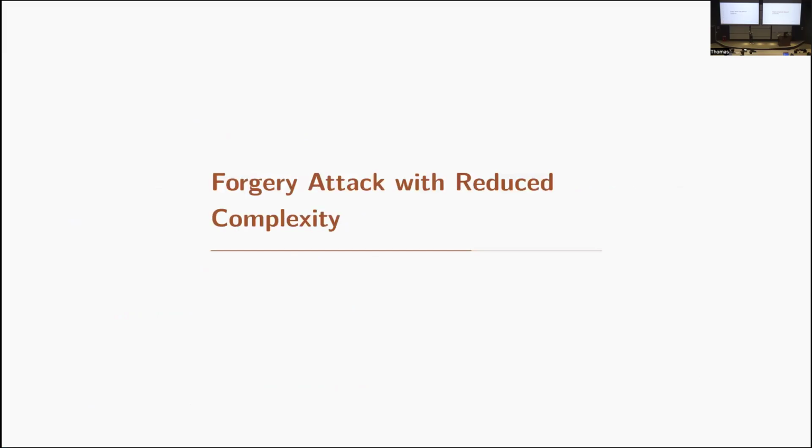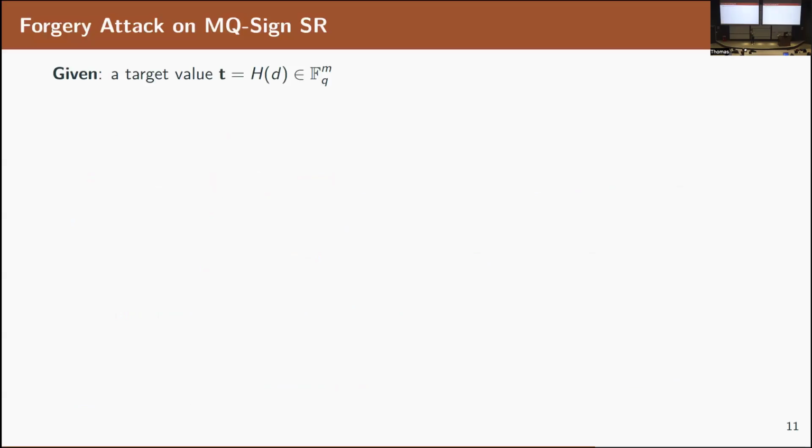Okay, and now I want to show a forgery attack, which is a little more complicated and less efficient, on the remaining sparse variant. So for a forgery attack, we have a target value T, which we derive from a message and the salt, so just from this digest here.